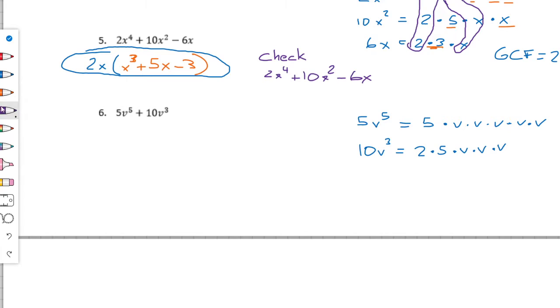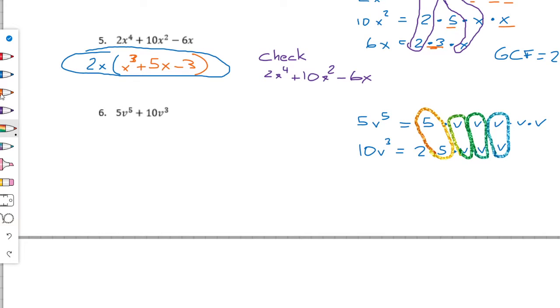And then we're going to circle what's alike. I'll just use this color so I can use this again. So we got 5. Got a v in each of them, another v in each of them, and another v in each of them.